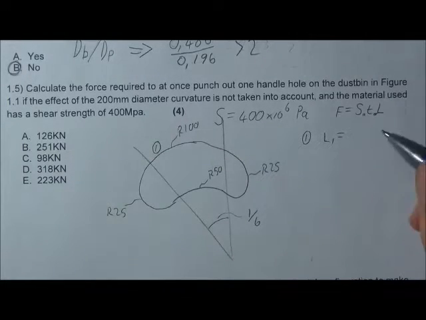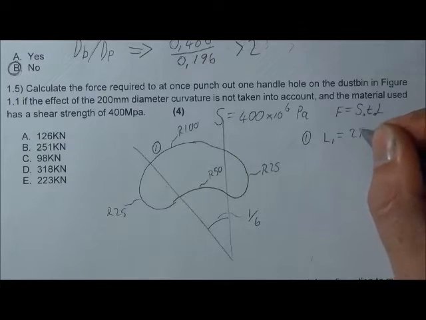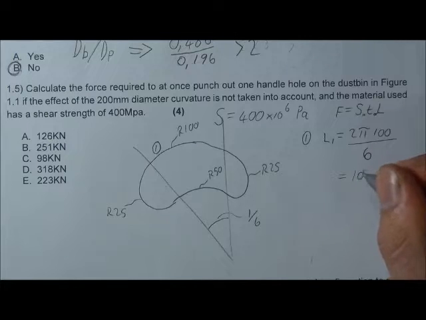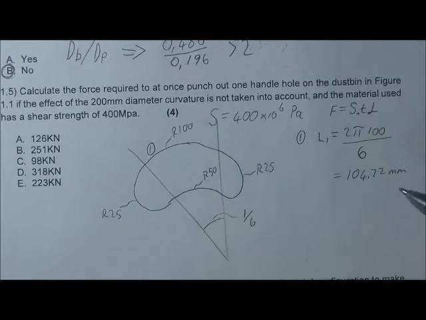So circumference of a circle is 2 pi r. And we then divide that by 6. You could have also used pi times diameter and just divided that by 6. So that gives you more or less 104.72 millimeters.